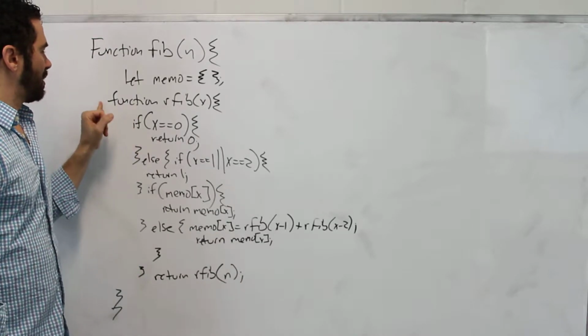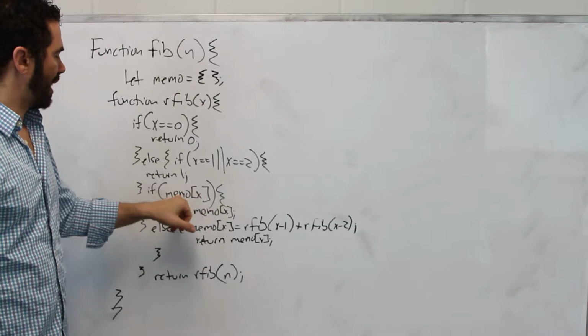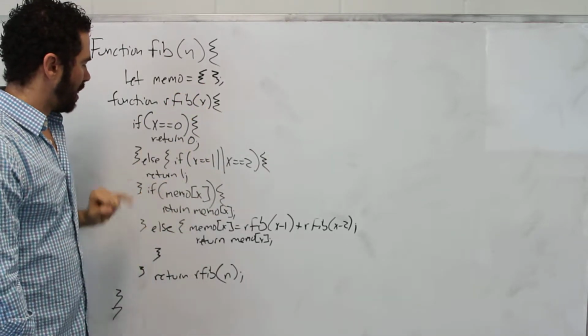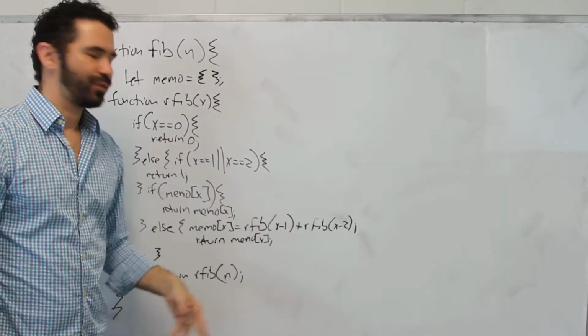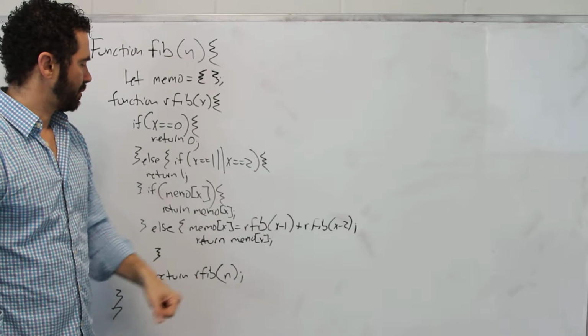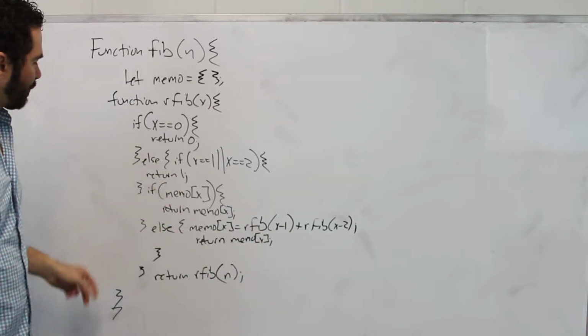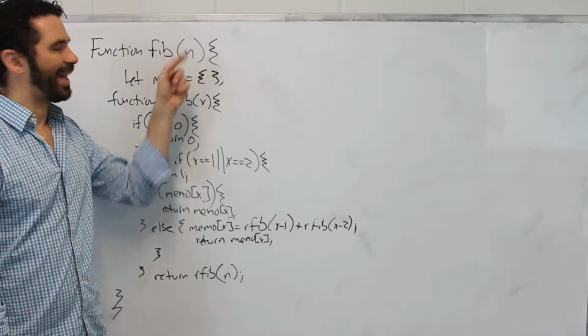We have our inner function. We have our base cases. We are returning values if values already exist. If they do not, we don't return them. Otherwise, we store the values from our recursive calls into our memo, and then return that. Close our function, and then return our recursive Fibonacci with the value of n.